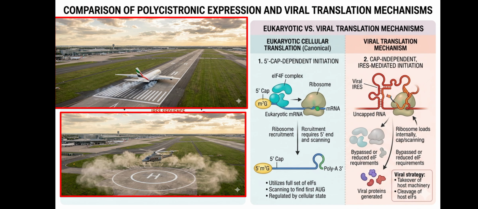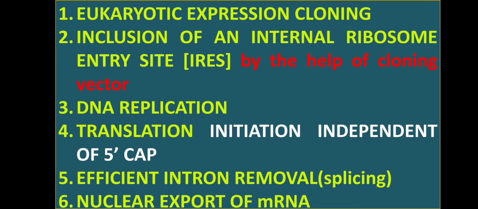This IRES is naturally present in viral translation. In natural translation, the small subunit scans the mRNA, somewhat like the aeroplane running on a runway. In the IRES mechanism, the IRES just attaches to the specific place and starts the translation. So this is the concept.